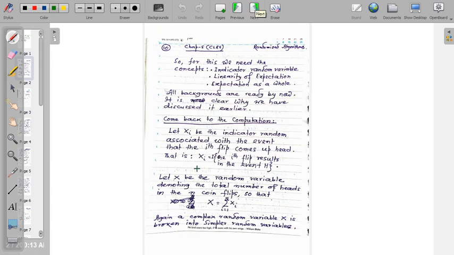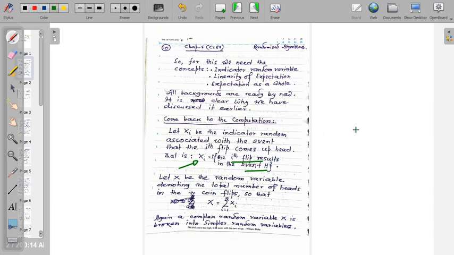So what is happening? We denote this Xi by an indicator random variable, that the ith flip results in the event H, that means a head is happening.